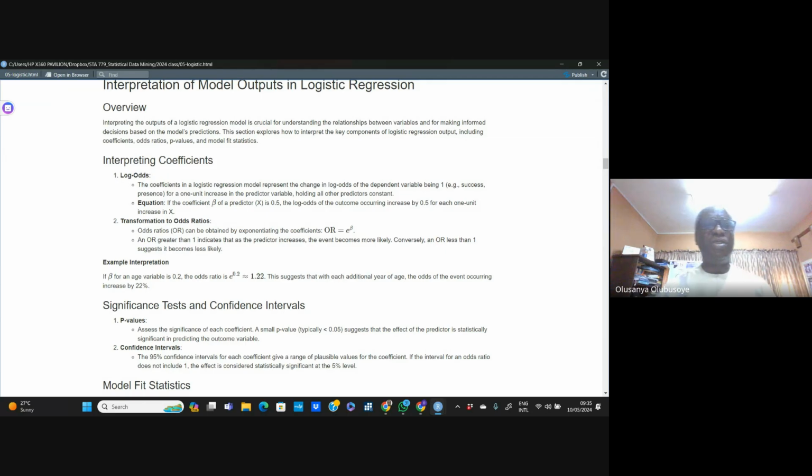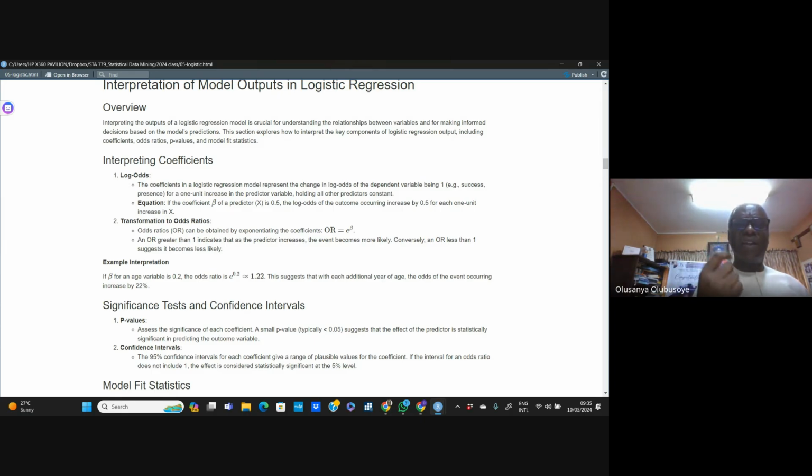So when you have estimated the model, the coefficient that you get is actually a coefficient that you cannot interpret, because you need to transform those coefficients before you can interpret them.